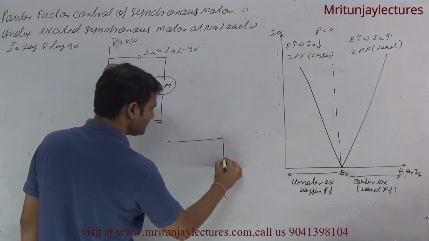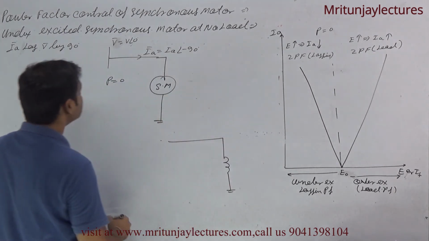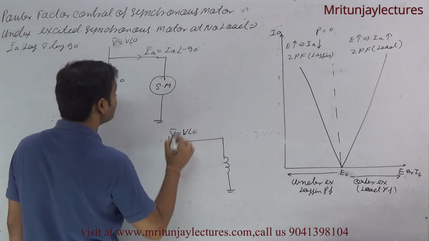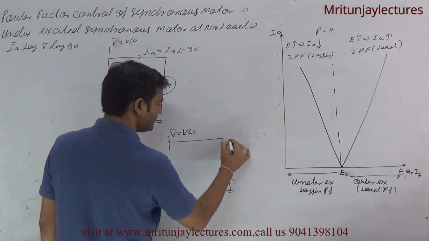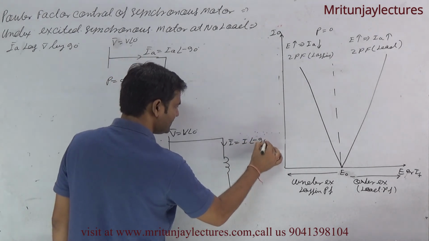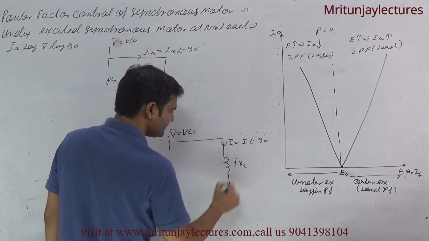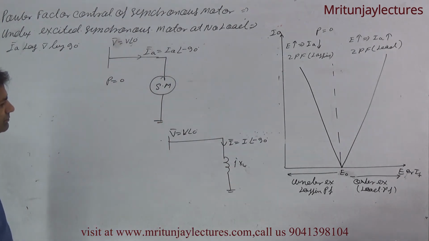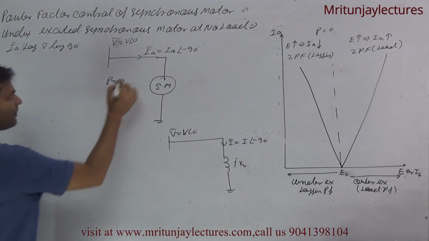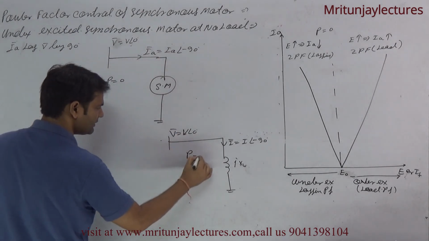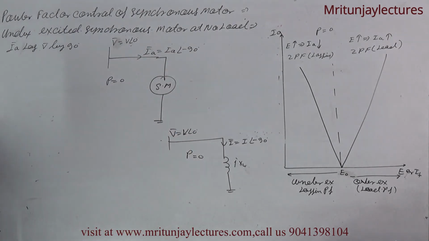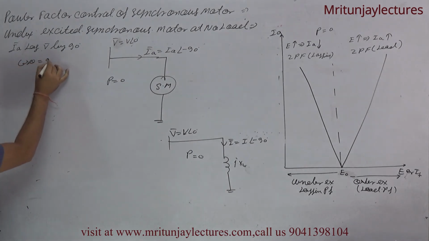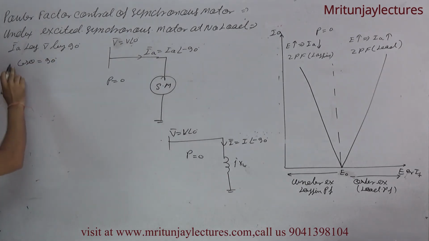In the case of an inductor, V is equal to V at the angle 0 and I is written as I at the angle minus 90, that is jXL. Clear? It behaves as a pure inductor. You can say that in this case cos theta is equal to 0.